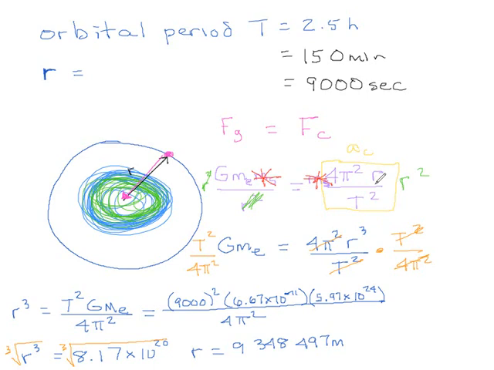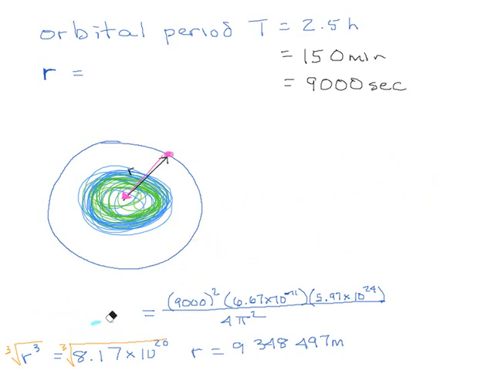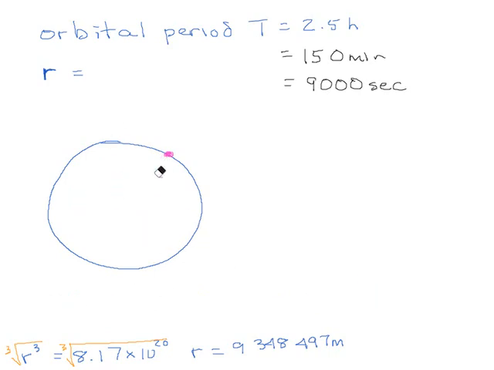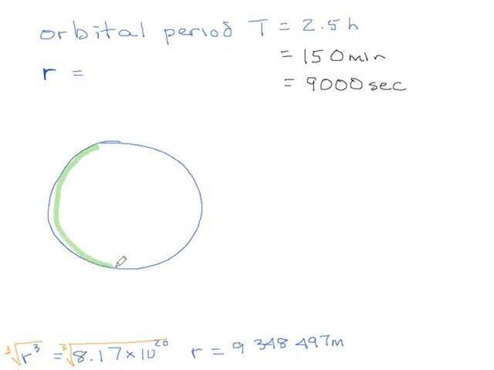Let's talk about what that means. Need to clear some space, so we'll get some of this manipulation out of here. Hit back up a little bit if you want to see that again. All right, so here's Earth.